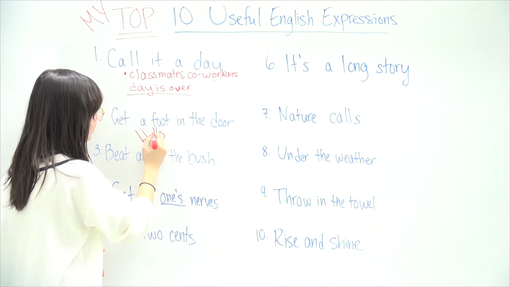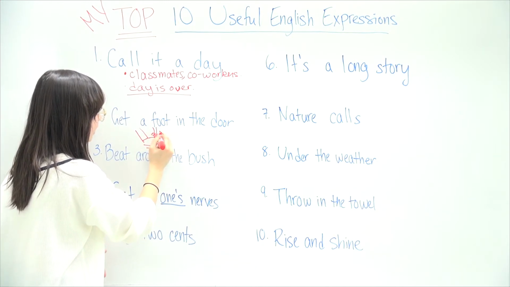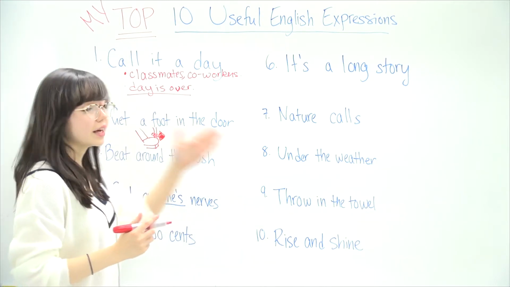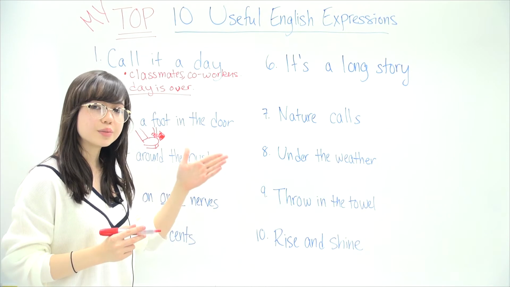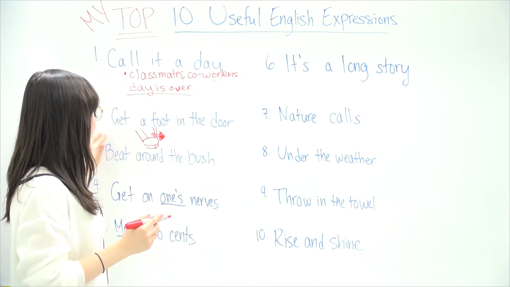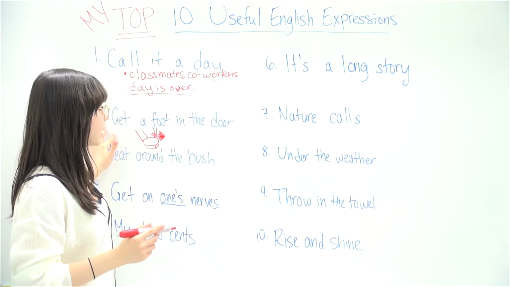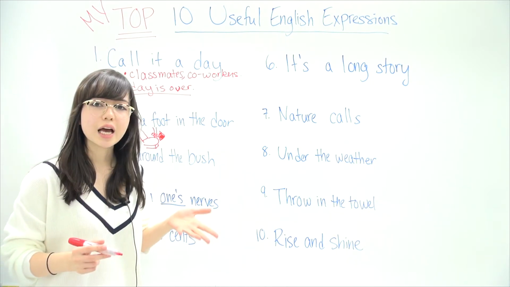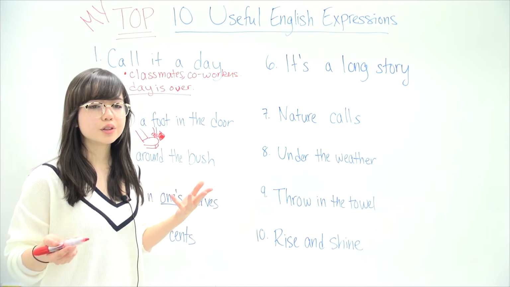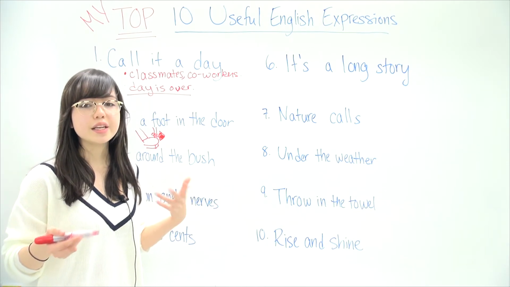And so what does that mean? It means that you are trying to prevent an opportunity from being closed to you. So, for example, maybe you want to work at Google, and so you found out from your friend that Google is hiring an intern.